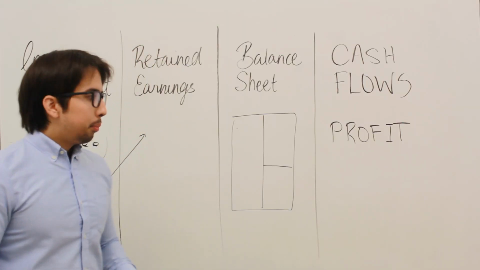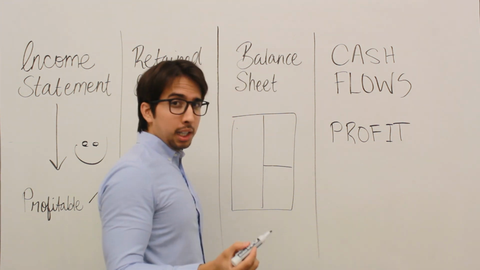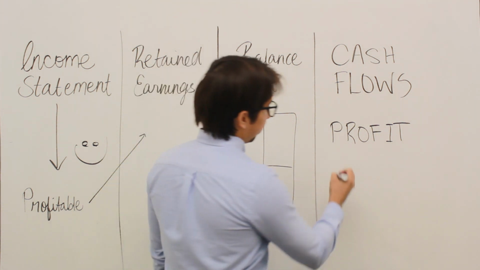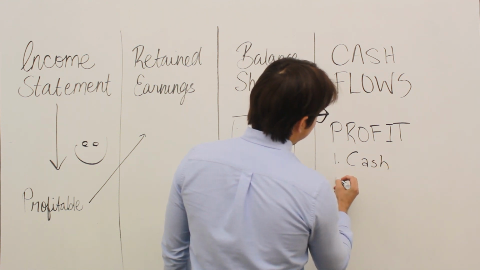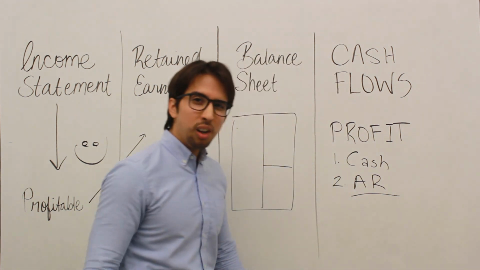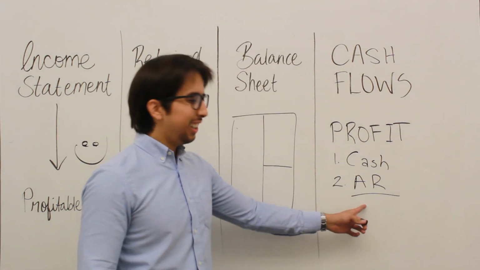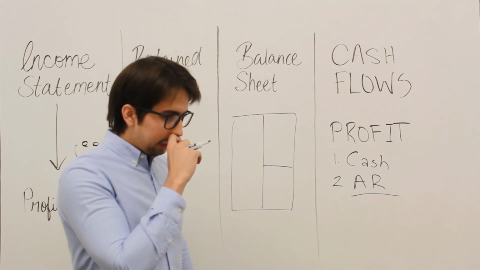Let me explain why profit is not equal to cash. Profit is made up of two kinds of money. Number one is cash, and number two is called accounts receivable. We call it AR in accounting, that's an abbreviation for it. So let me explain this.